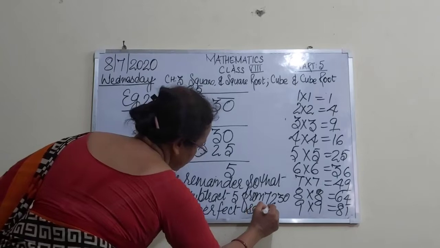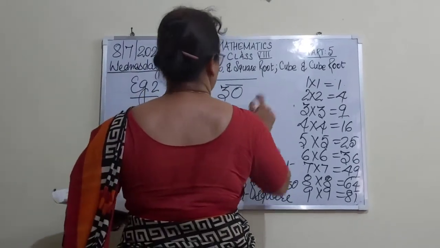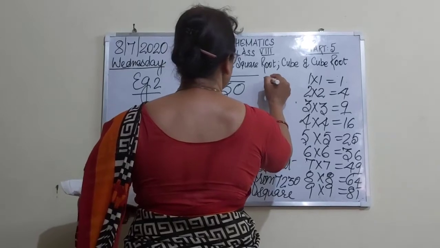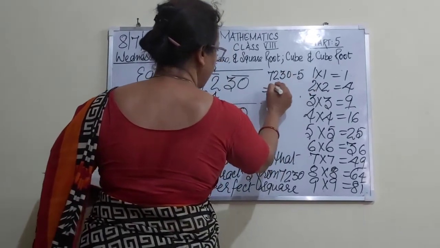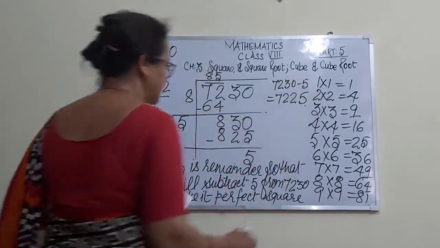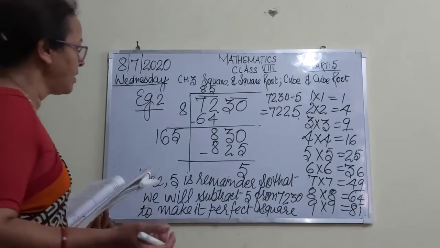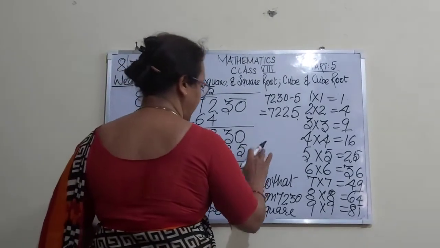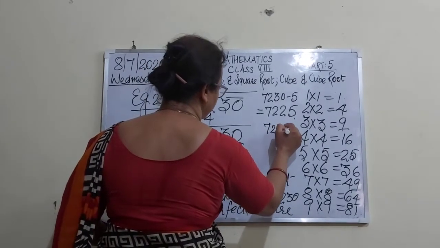Let's see. If I am subtracting 5 from 7230, what am I getting? 7225. That's right. I hope you have noted it down. Now what will I be doing? I'll be finding its square root. 7225.